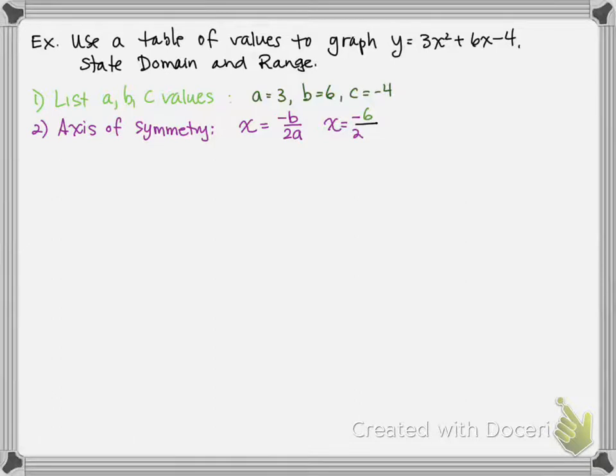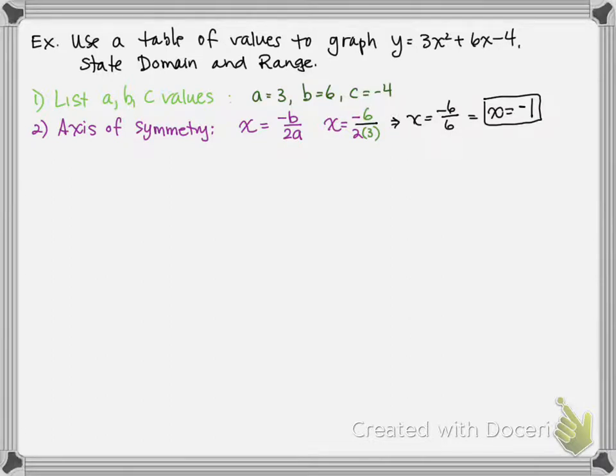I'm going to substitute my values in. The b value is 6, and the a happens to be 3. So this gives me x equals -6 over 6, or x equals -1. Okay? So this is important because this is half of the vertex.